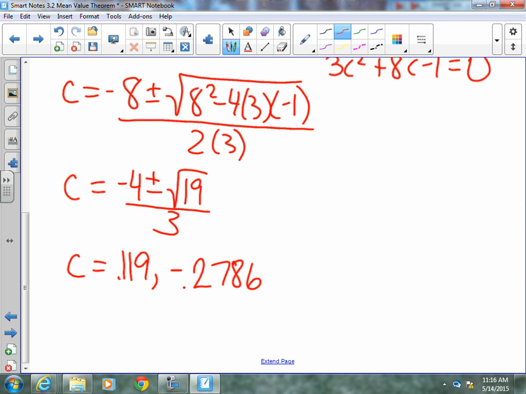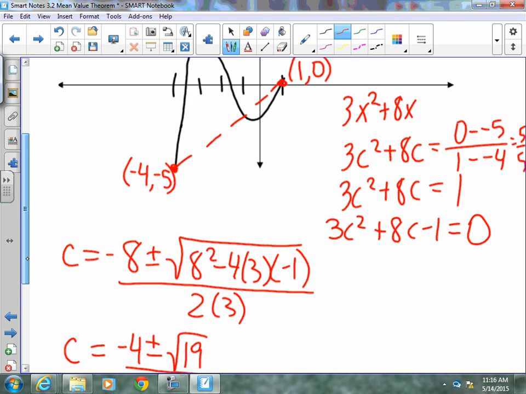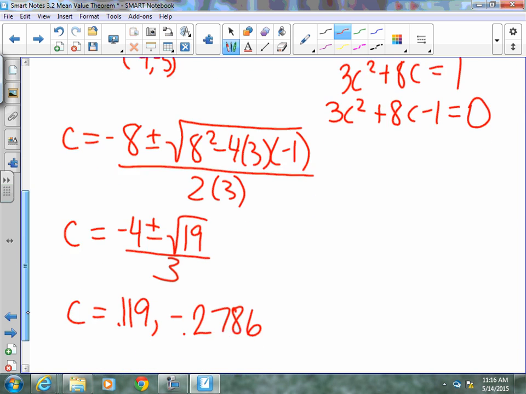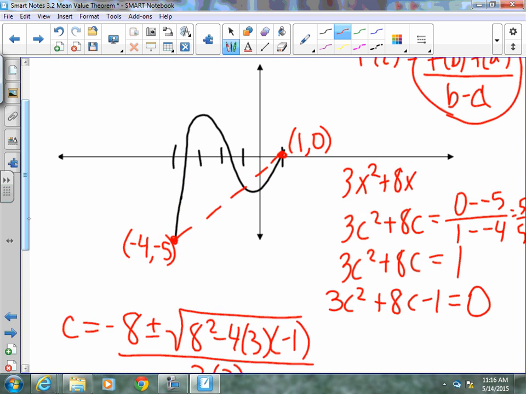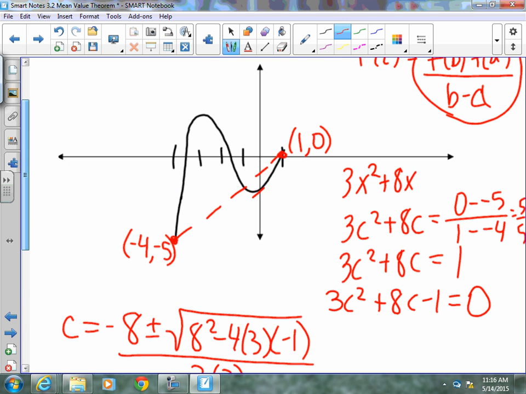So, both of those values are between our negative 4 and our 1. And mine is just a sketch, but that would show us that the slopes are going to be the same over here somewhere, just past the x-axis at the 0.119, and somewhere around here, negative 2 point something. That looks a little bit to the left, but my graph is just a sketch, so it's not perfectly on.